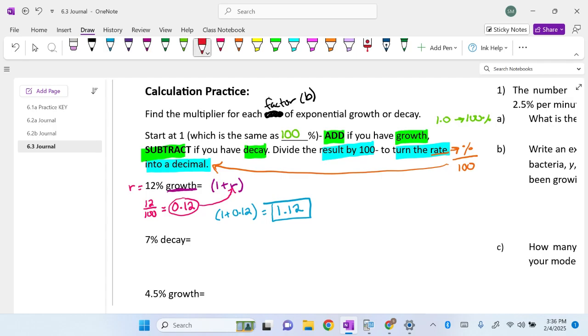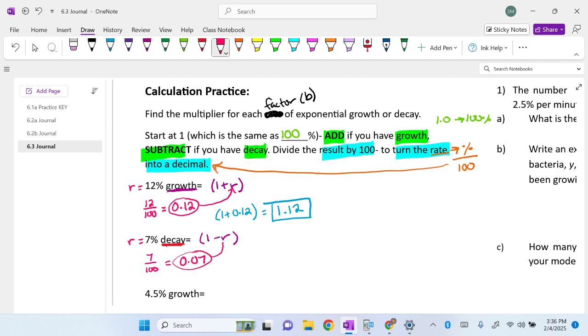Now, on the other hand, we have exponential decay. So that means we're going to have the 1 minus R formula to give us our decay factor. So again, this 7% is our R value, but we want it as a decimal. So I'm going to do 7 divided by 100, and you can put that in your calculator. If you do, you should get 0.07.